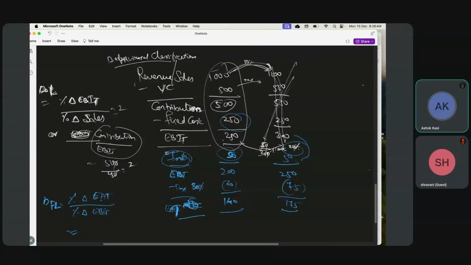So now what is this change? This will be 35 divided by 140 into 100.